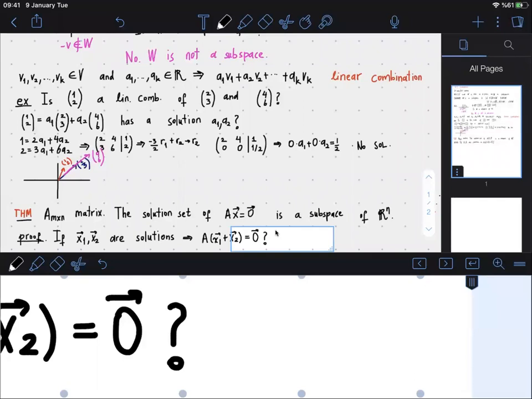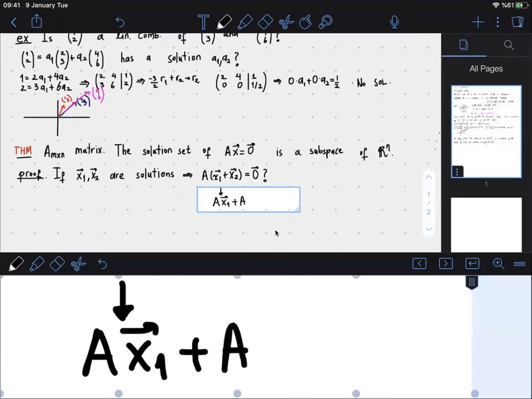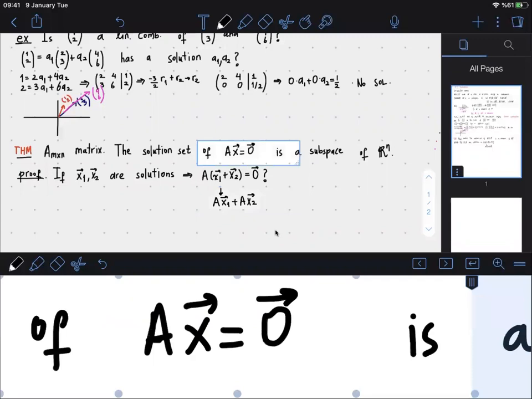Okay, yes, right, because if you look at it, I can separate this into two parts. Since A is a matrix, we can write A(x1 plus x2) as Ax1 plus Ax2. And we know that Ax1 is 0. Why? Because x1 is a solution. Solution means it is solving this equation.